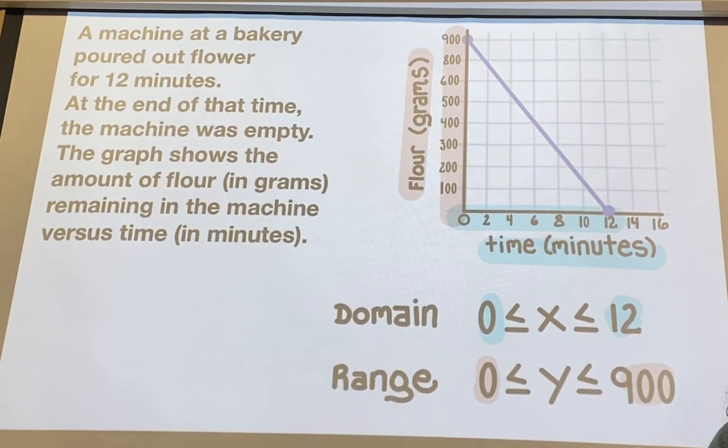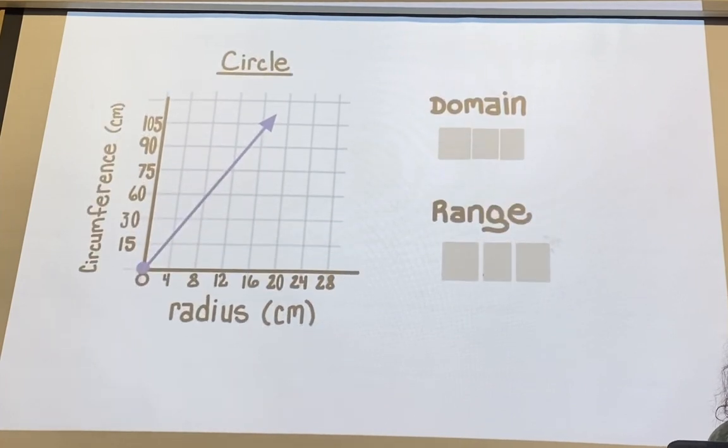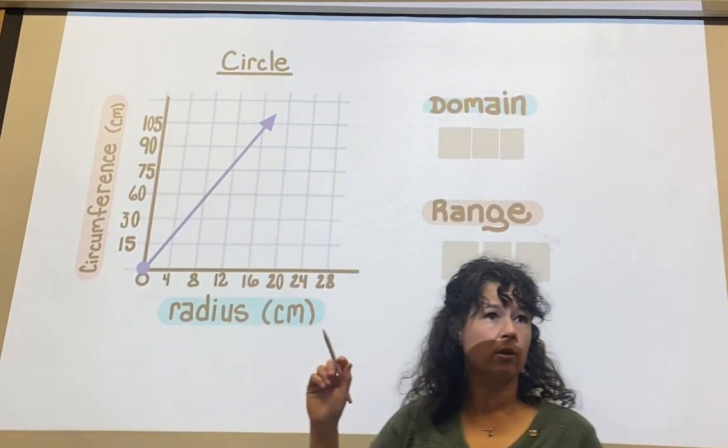Okay, so here's one more, last example. For domain and range, my domain is gonna come off of the x-axis, and the range is gonna come off of the y-axis. This one looks a little bit different because we have an arrow.